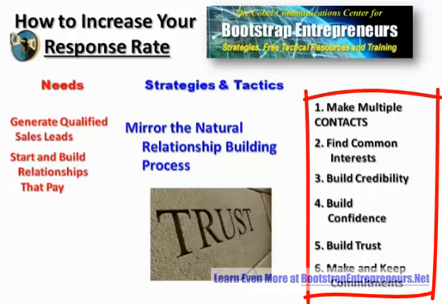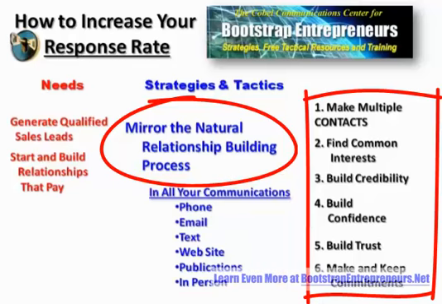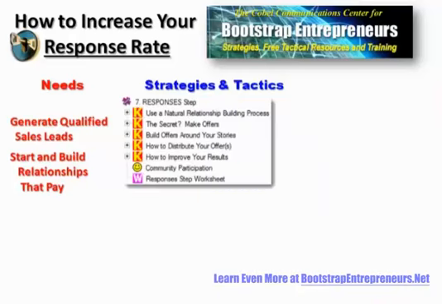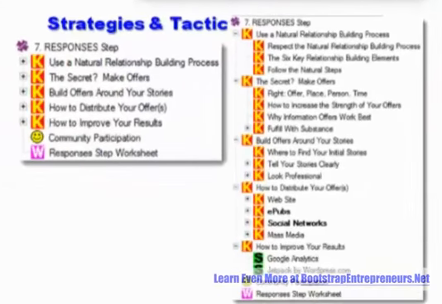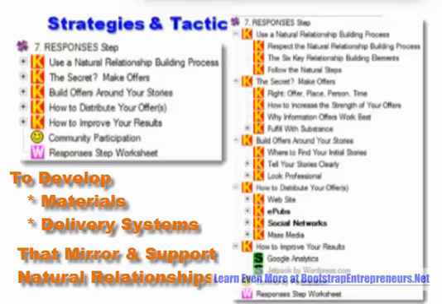Now that you know the 6 elements of the natural relationship building process, your task is to ensure that you mirror them in all of your communications so they will synergize each other. Our response step training provides even more of the strategies and tactical resources you need to develop communications materials and delivery systems that mirror and support the natural relationship building process.